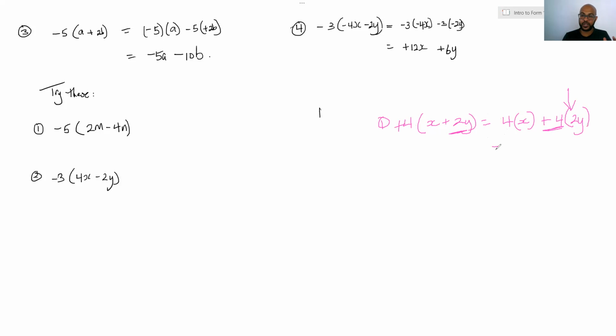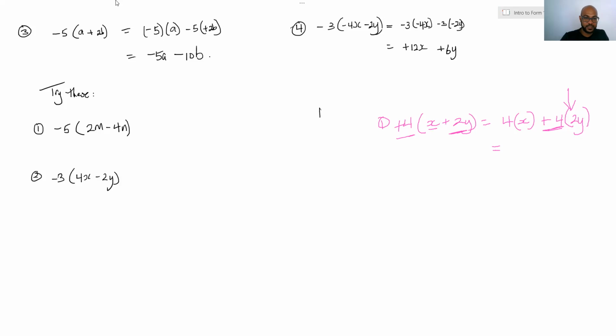What I wanted you to grasp from the homework was that you are multiplying whatever is outside by whatever is inside, inclusive of the sign. So if I have a positive 4 here, I'm multiplying positive x by 4, positive 2y by 4.